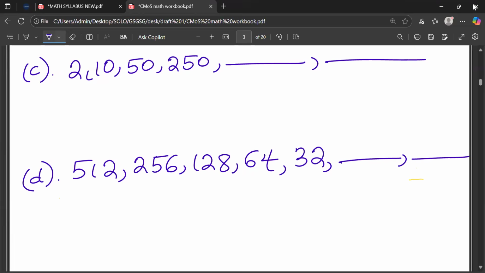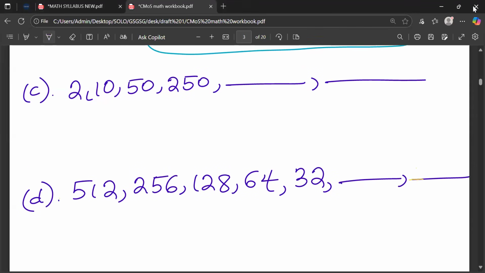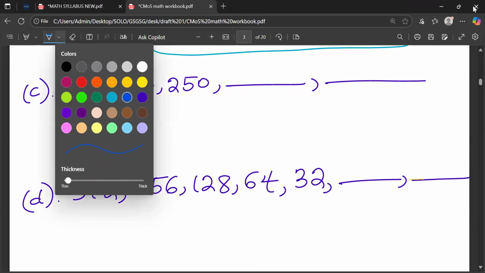I also want those 2 values. But very fast. Very fast. And we are going to repeat the same game.